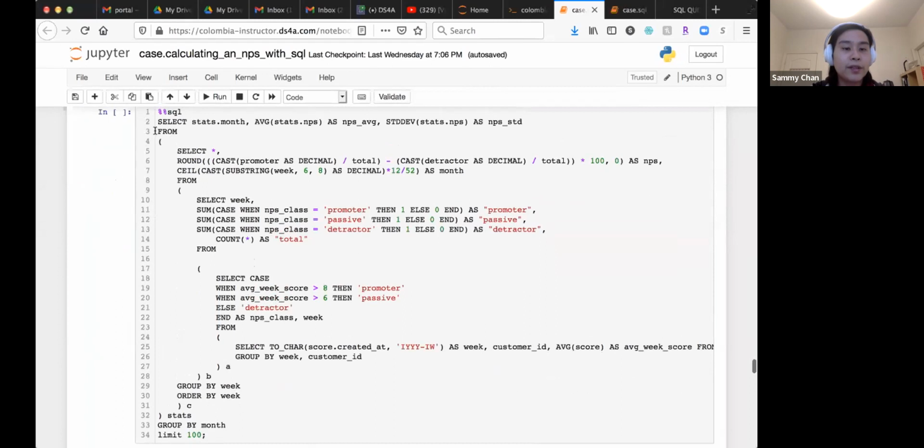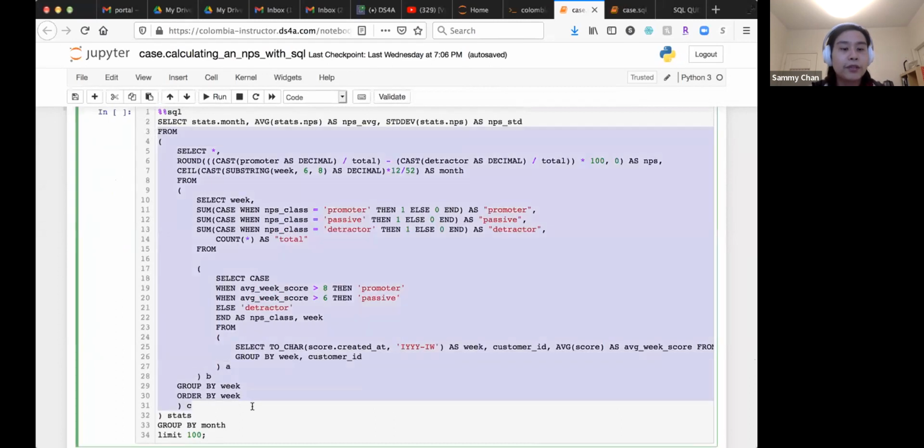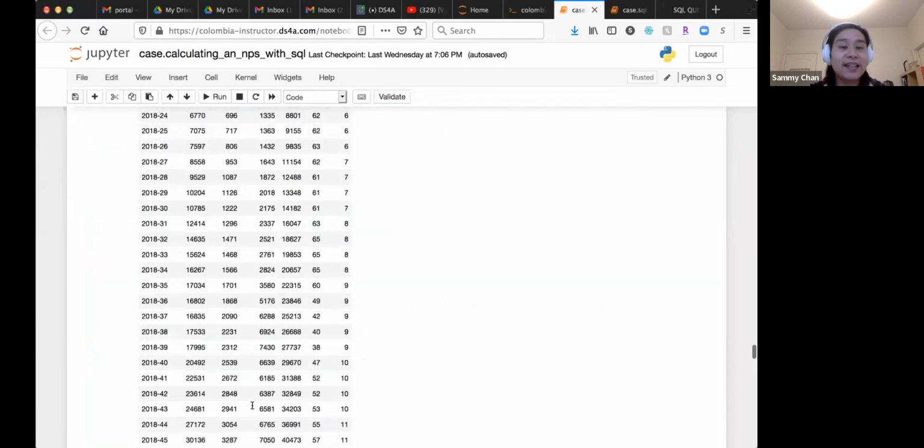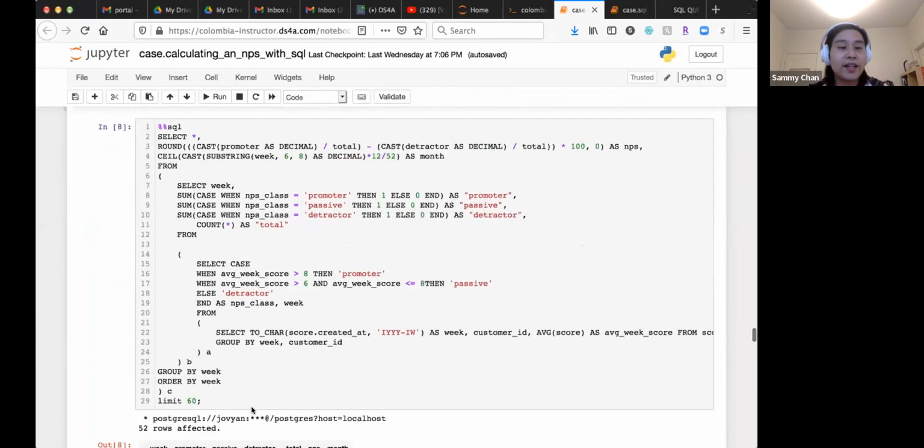So this part, don't freak out. I know it's getting longer and longer, scary and scarier, but the part that I highlighted is exactly what we did coming from here.